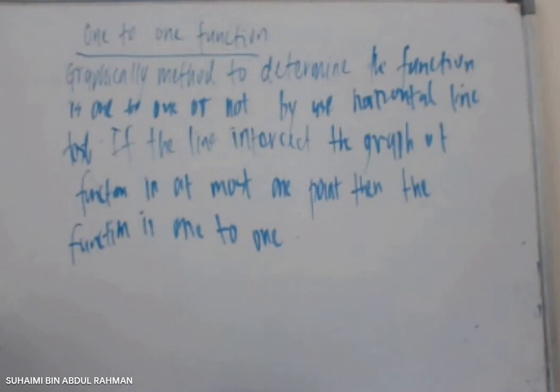If more than one point, the graph is not one-to-one; it is supposed to be only at one point always. That's the graphical test, as opposed to the algebraic test we looked at before.